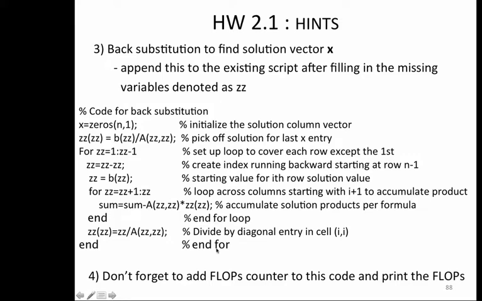Oh, don't forget to add the flops counter. You're going to embed flops counters everywhere that you create a floating point operation. So make sure you put that in there that is accurate, that you get the right number of floating point operations. Okay, so from that, really, you should be able to do the homework. And this is critically important to get right.